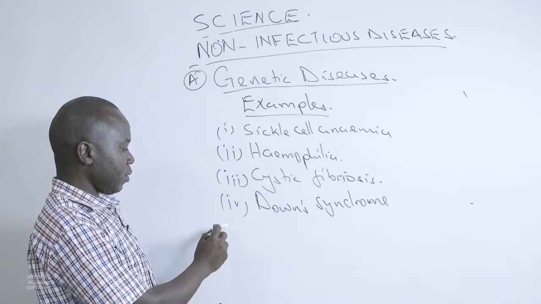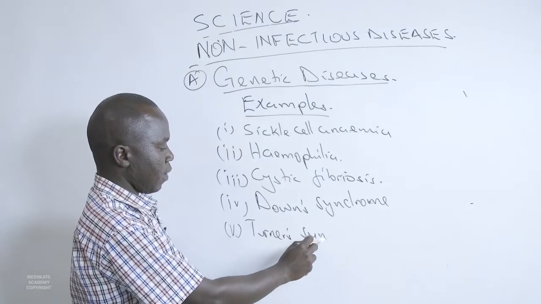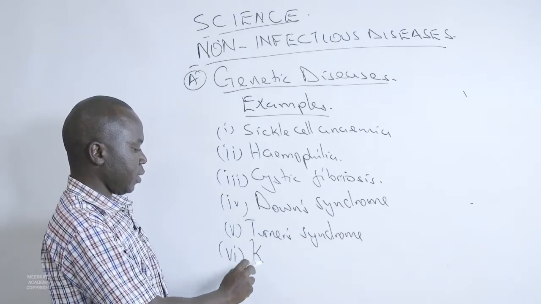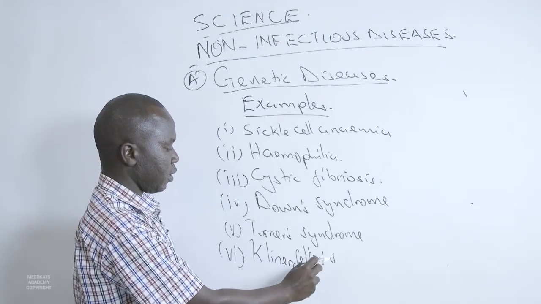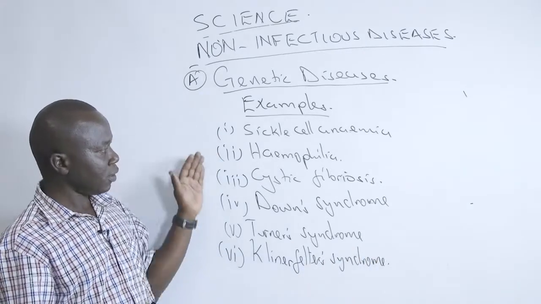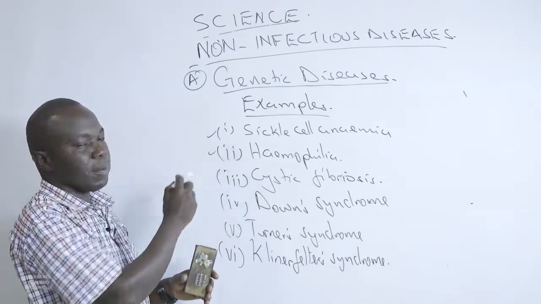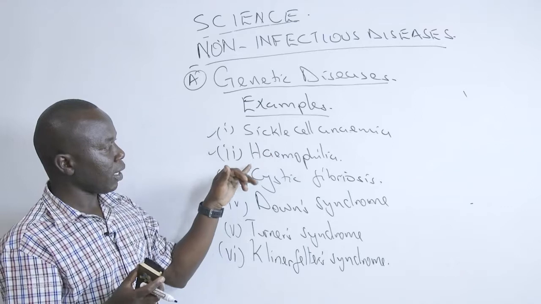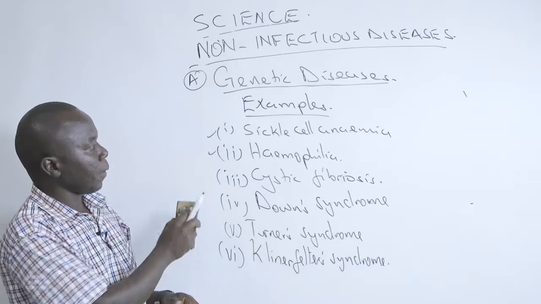We have Turner syndrome and Klinefelter syndrome. So you realize that some of these diseases are fatal, but as I've said, some can be avoided, especially if they are sex-linked, like hemophilia, like sickle cell anemia.